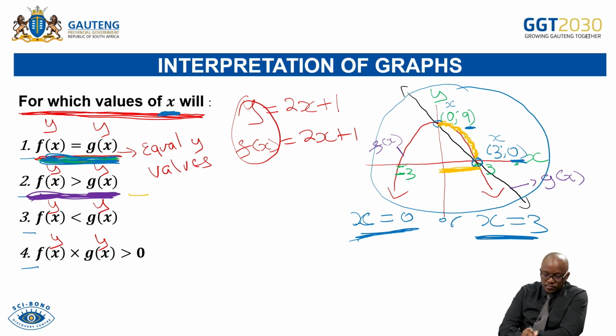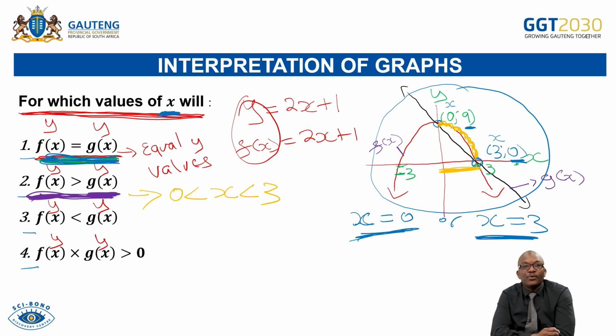So, how are you going to write it? We are going to say x greater than 0, but less than 3. That's where the y value of the red graph is greater than the y value of the black graph. f of x is greater than g of x.